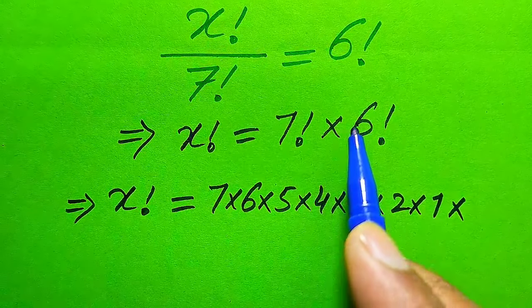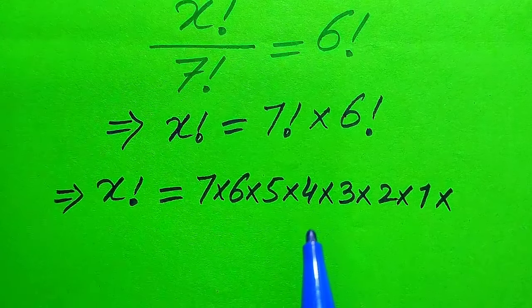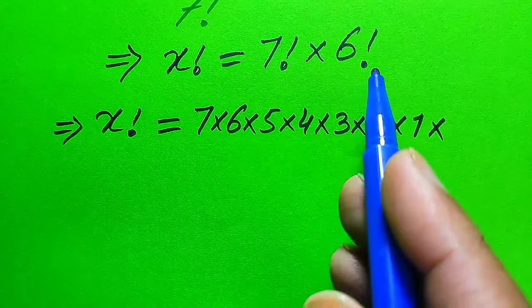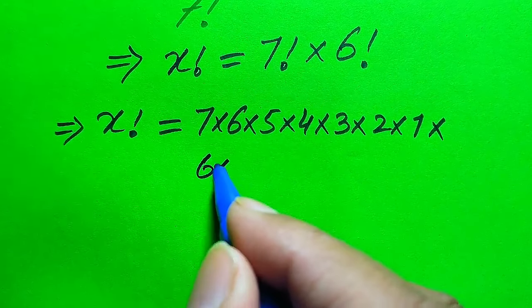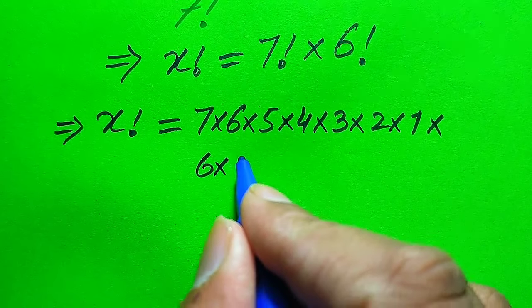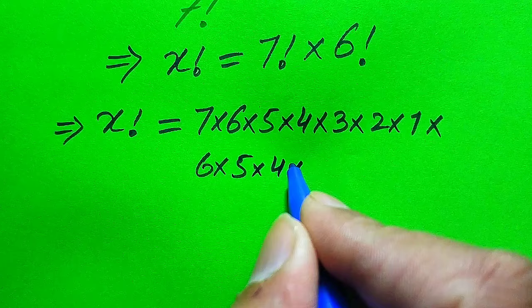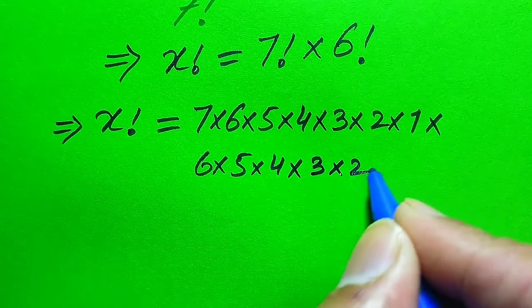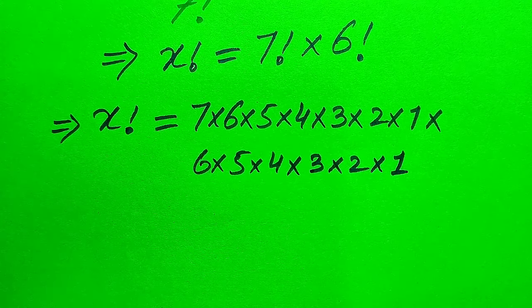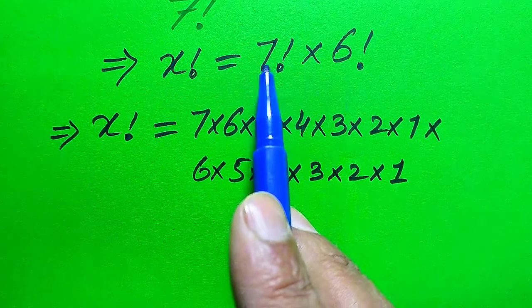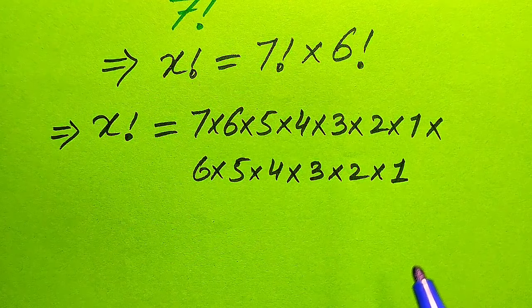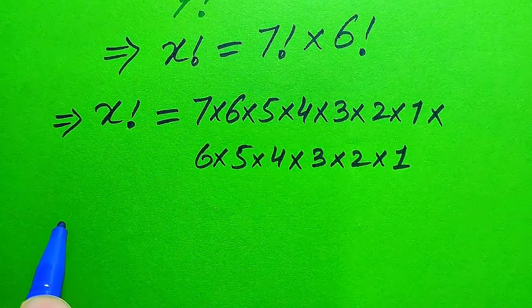In the same pattern we break 6 factorial, which is written as 6 multiplied by 5 multiplied by 4 multiplied by 3 multiplied by 2 multiplied by 1. So here we just expand both of these factorials.